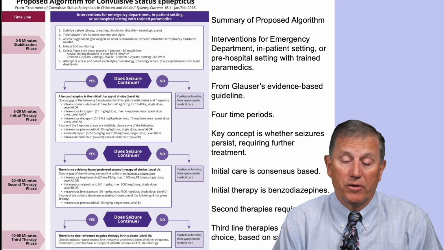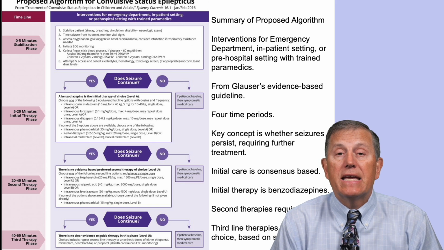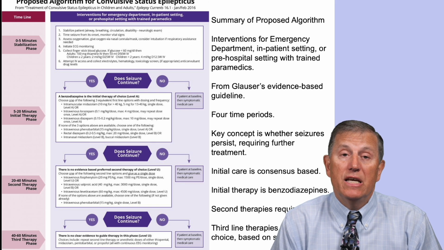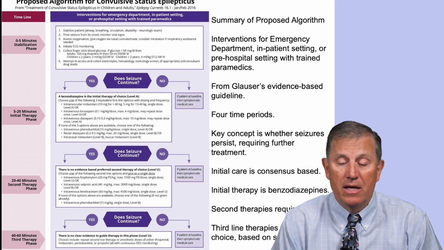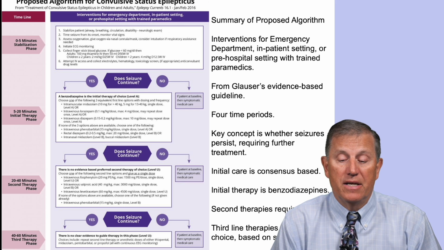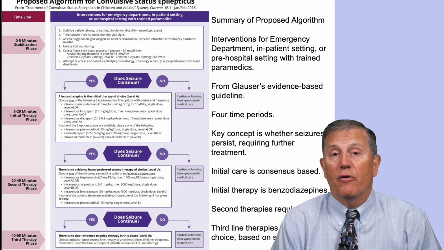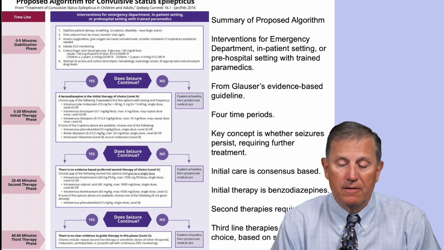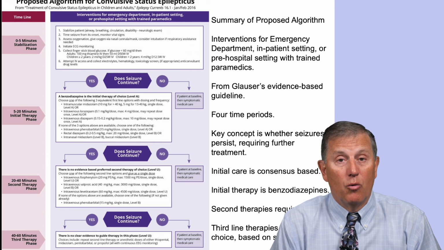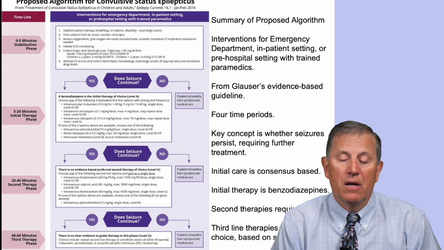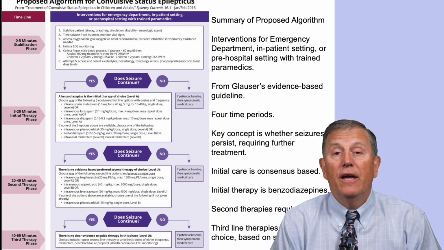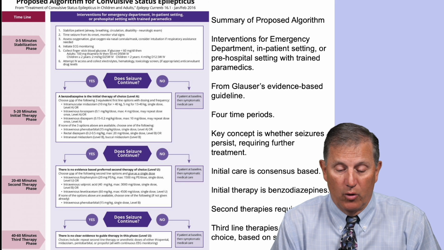It includes 4 time periods, and the key concept that drives each of these subsequent time periods is whether or not the seizure or status epilepticus persists. The initial care is consensus-based. The initial therapy is always with benzodiazepines. The second therapies, if required, are up to the provider choice.